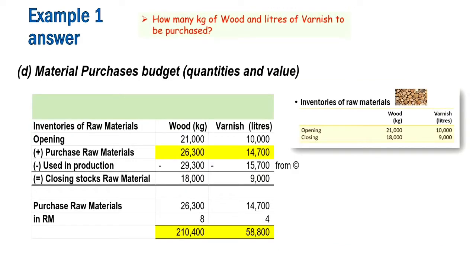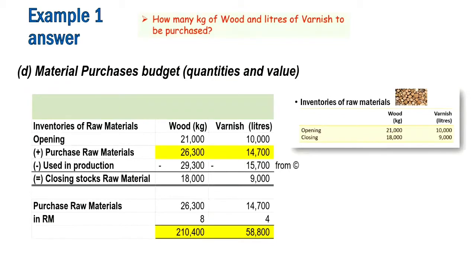Next question. Material purchases budget. So in this question, you have to ask yourself how many kilograms of wood and liters of varnish are to be purchased. So how much do we actually need in our production?